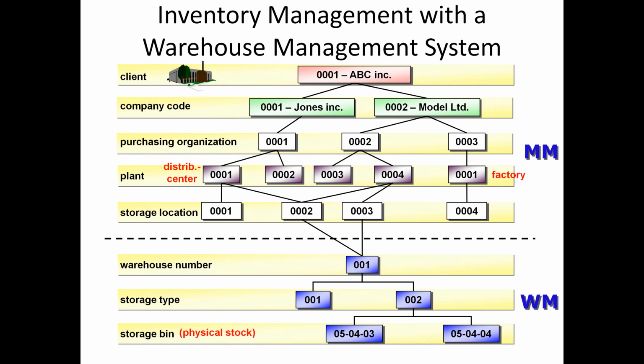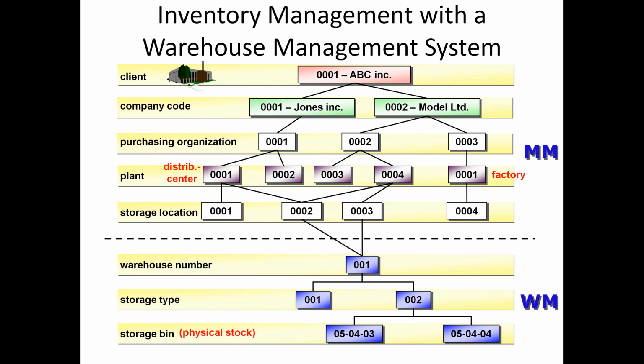The purchasing organizations 1 and 2 are buying the same item at 2 different purchase prices. If you store it in the same storage location, which is 2, what value will it carry? Okay, so that is why I was explaining: the material is evaluated at the plant level, not at the storage location level.